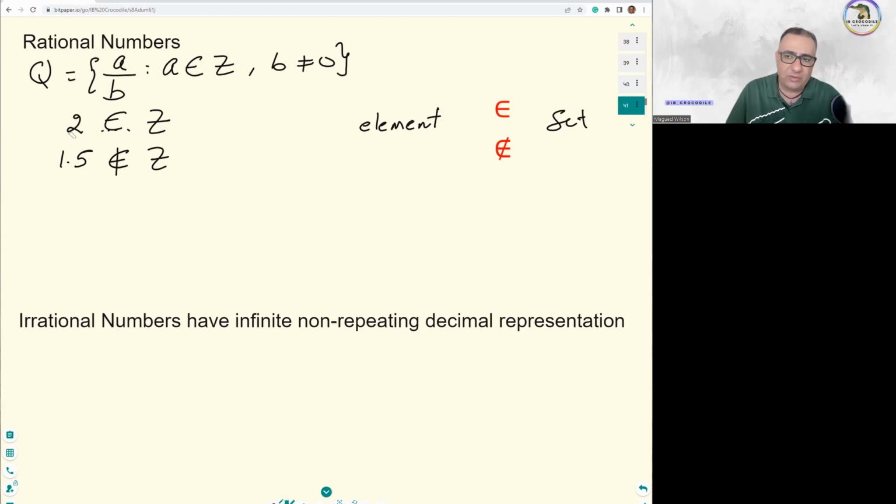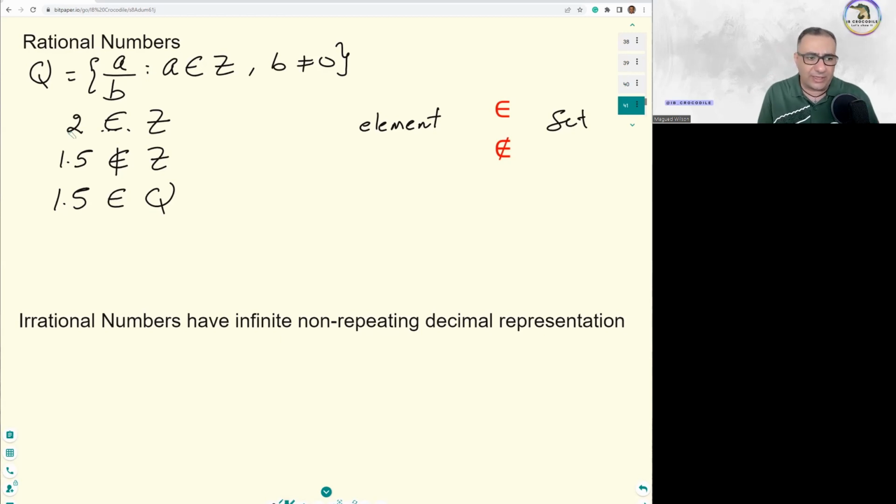Whereas for 1.5 and Q, it does belong to Q, because 1.5 is a rational number. Why? Because you can write 1.5 as 3 over 2.